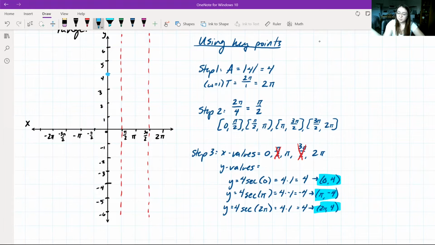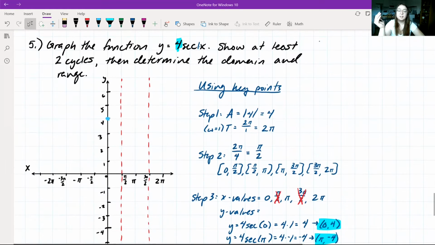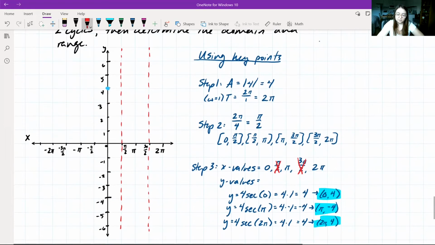So since we're given a non-negative version of secant, at this first point, (0, 4), this is going to be an upward facing parabola. But if this is going to be an upward facing parabola, we should draw in our next vertical asymptote. And our next vertical asymptote would then be at negative pi over 2.